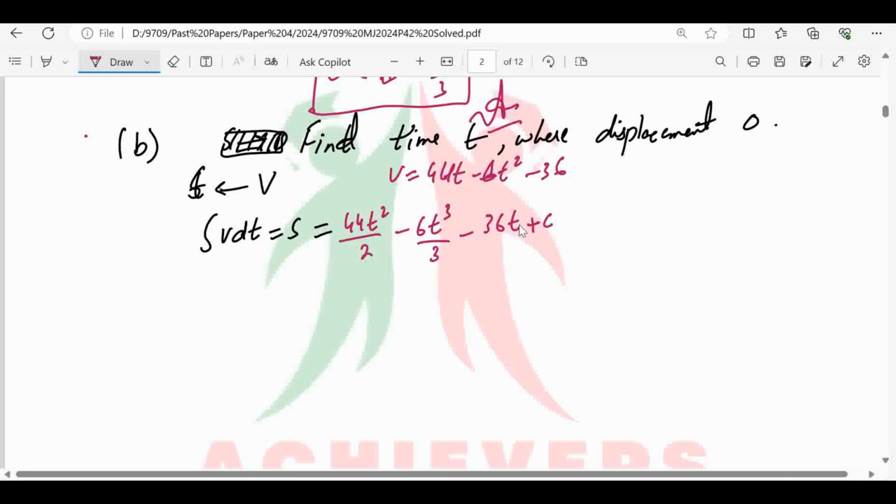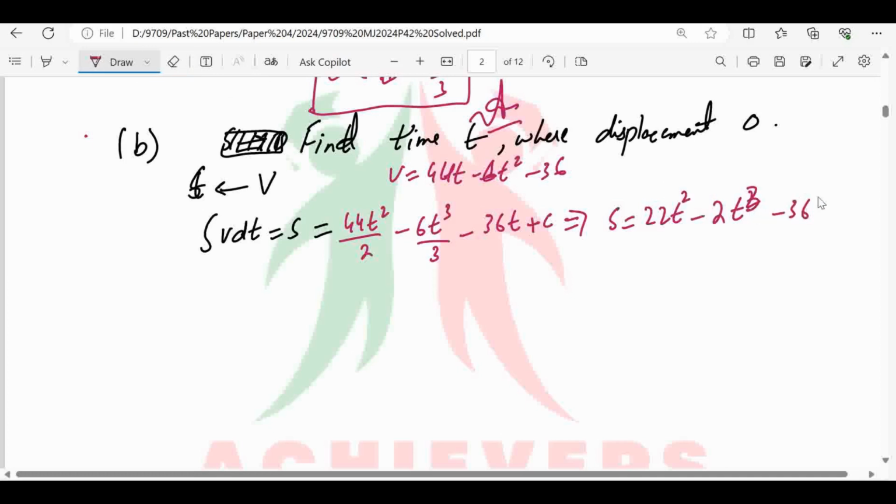Now if we simplify it further, s is equal to 22t square minus 2t cube minus 36t plus c. Let me correct it: this will be square and this power will be cube.